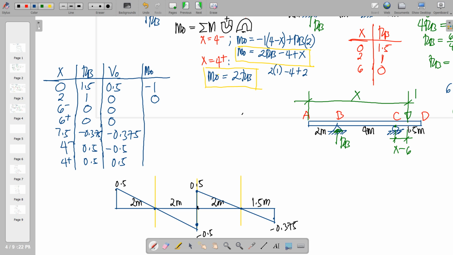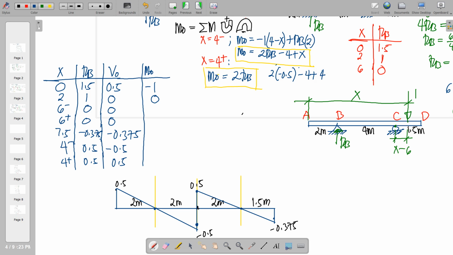So next, we have 4 minus and 4 plus. We use this for 4 minus. So 4 minus, we have 2. What is your RB when we have 4 minus? Negative 0.5. Okay. And then we copy this, negative 4. Plus, what is your x? 4. Okay.